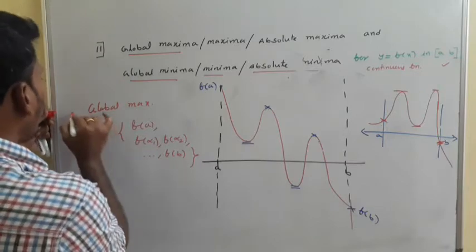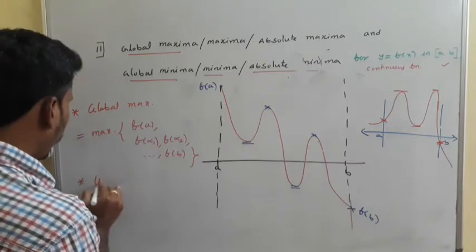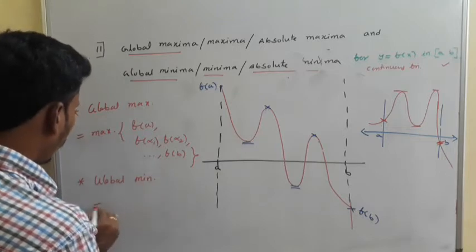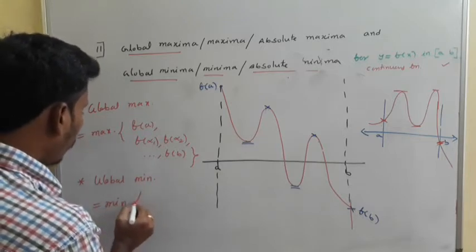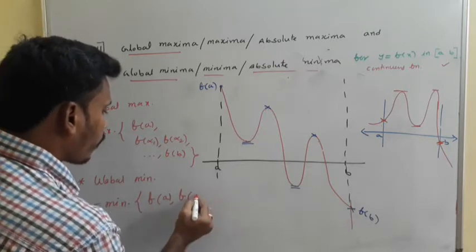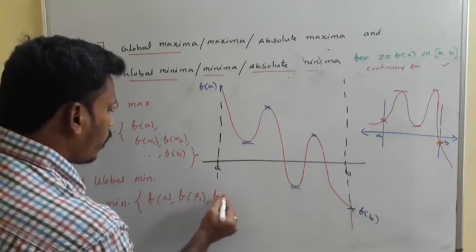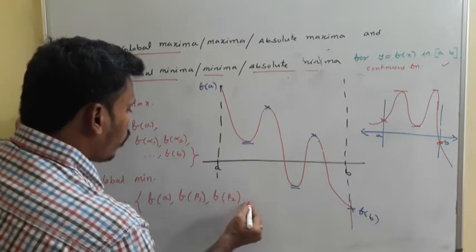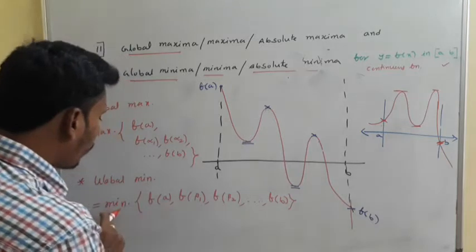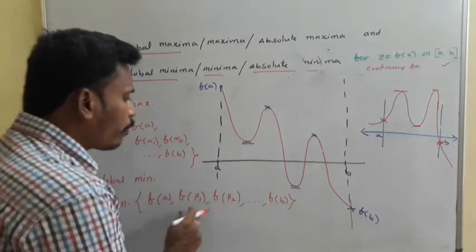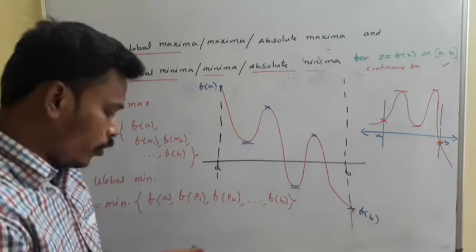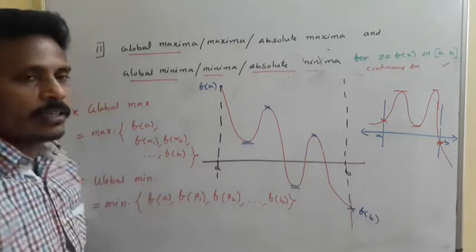In the same way, global minima is equal to minimum of f of A, f of beta 1, f of beta 2, and so on, f of B. Among these values, the minimum one is the global minima. Here beta 1, beta 2 and so on are all local minima points. So this is basically the fundamental rule.